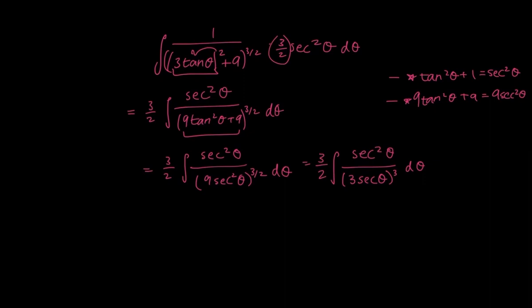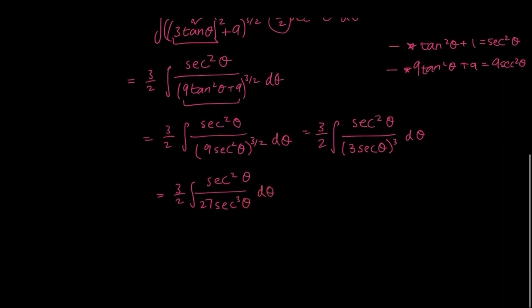So distributing that cubed in, and now I have 3/2 integral of secant squared theta. Distributing that cube, 3 cubed is equal to 27. Secant cubed theta d theta. I'm also going to take that 1 over 27 out of the integral because it's just a constant, so I'll have 3/2 times 1 over 27.